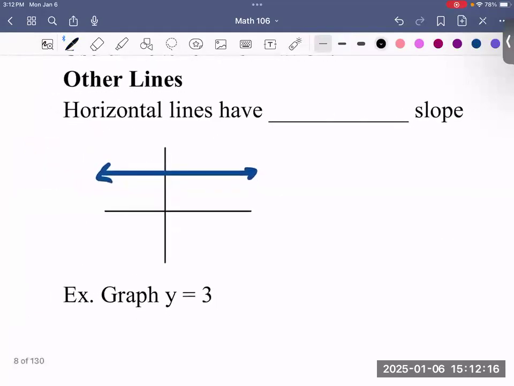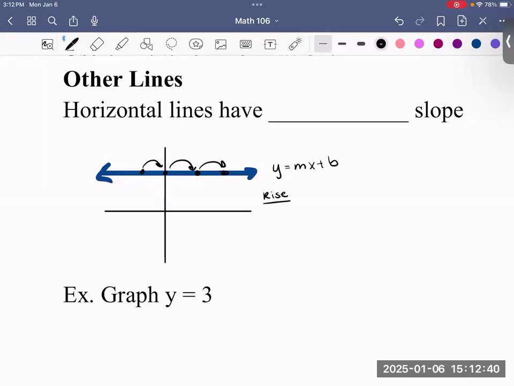And if we were to put this into y equals mx plus b format, right? Well, what would your slope be? Well, if we went from point to point to point, forwards or backwards, doesn't matter, right? Are we rising at all?